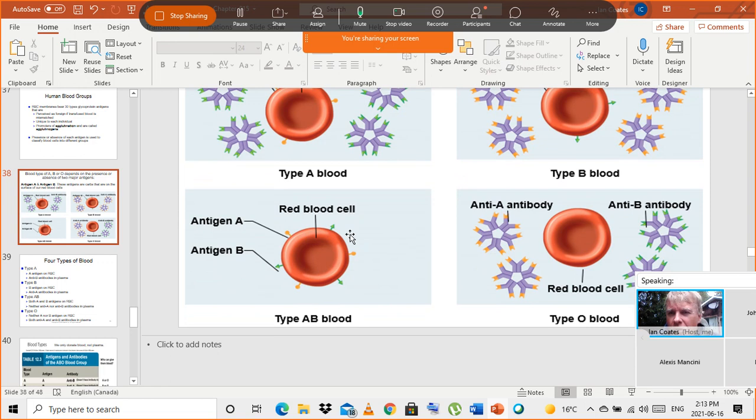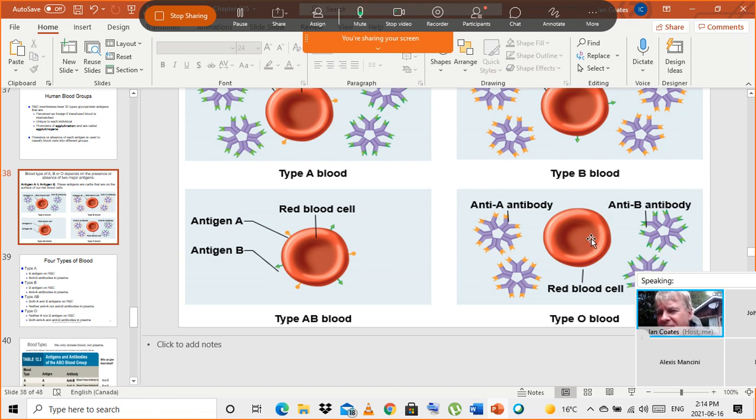There are no antibodies. There are none. Because if this blood type had either A or B antibodies floating around, it would just tackle its own blood. So this blood doesn't have any antibodies in it. And you'll see O has no antigens, but it has both antibodies.